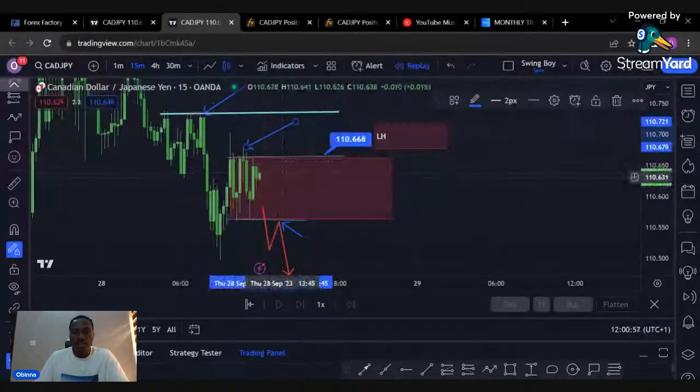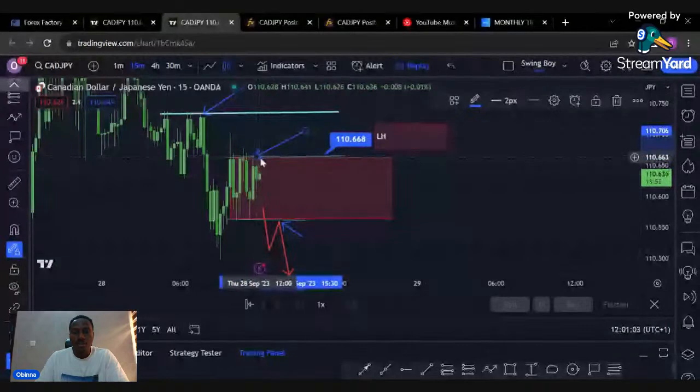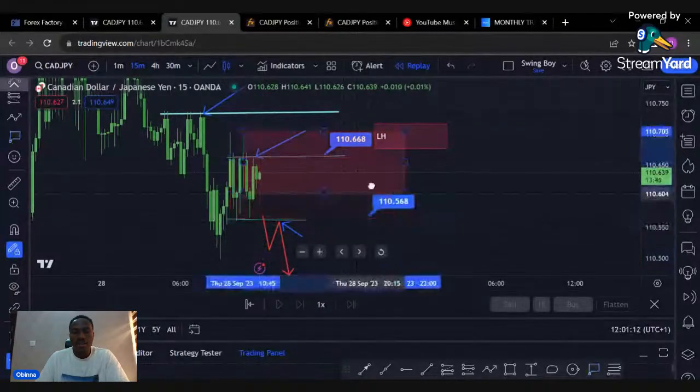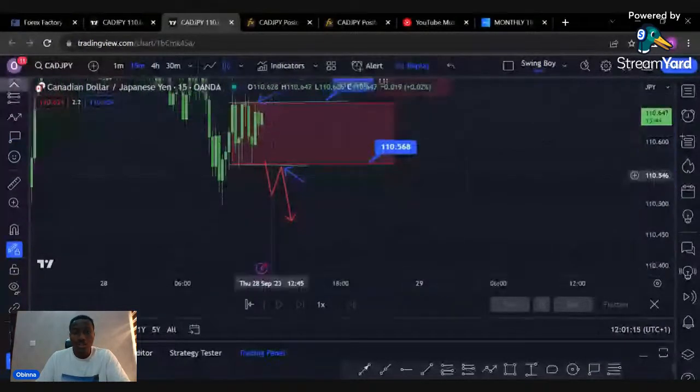So I've said the first option. You want to look for sales as long as the lower high is not broken. Then you should be looking at taking partials around here, then you continue going down, or you wait, which is better. I would say that's the better thing to do.